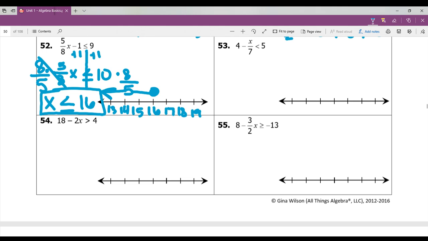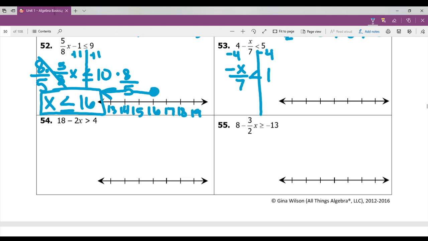Now, number 53, they're trying to trip you up again. Your variable term is in the middle. Do not start there. You start with the other term. So minus 4, minus 4. Negative x divided by 7 is less than 1. Now, I have a negative here with my x, and I'm dividing by 7.